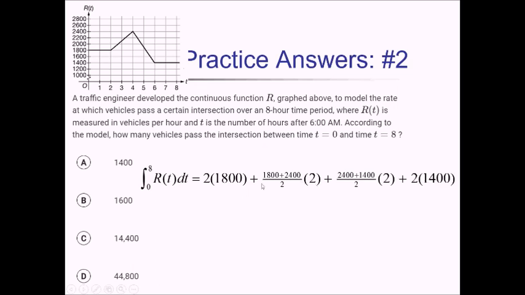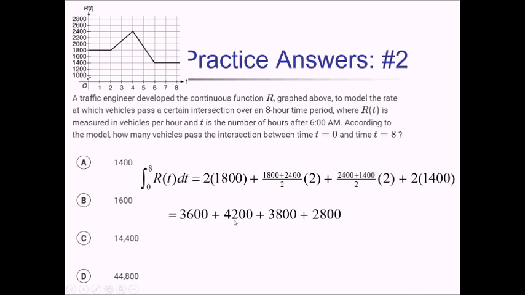And now adding all this stuff together, let's just simplify it a little bit first. So this is 3,600. 2's cancel on this next one, so that's going to be 4,200. 2's cancel again for this next one, so that's 3,800. And then this is going to be 2,800. So let's see here.